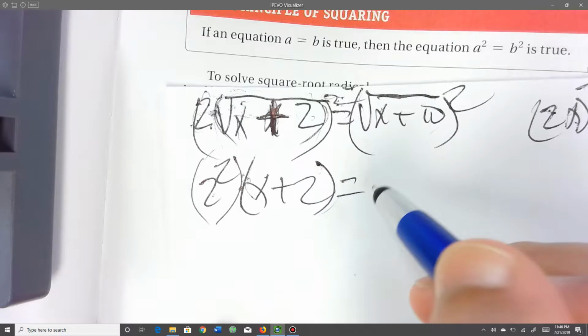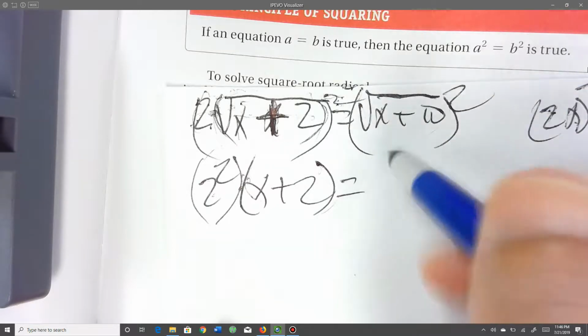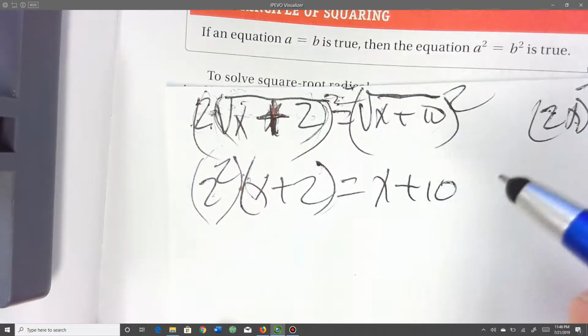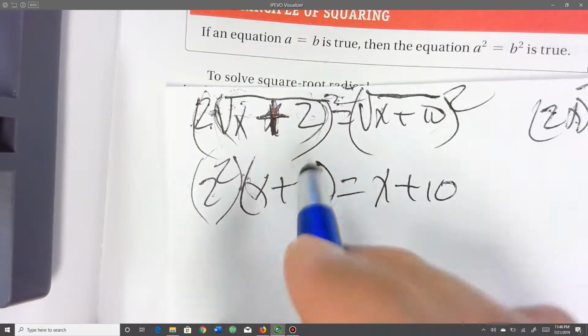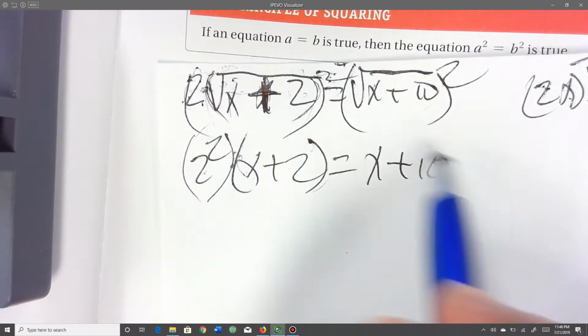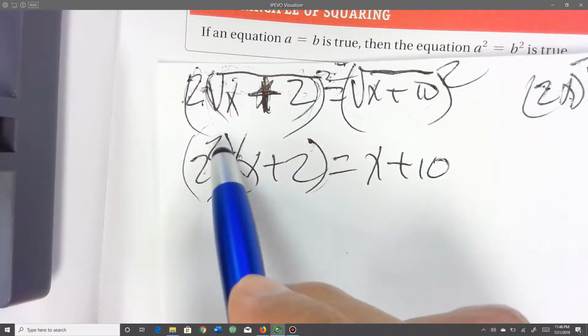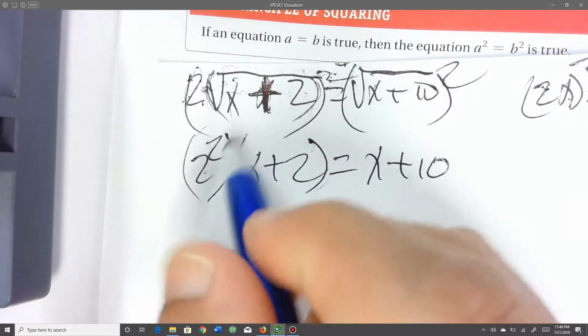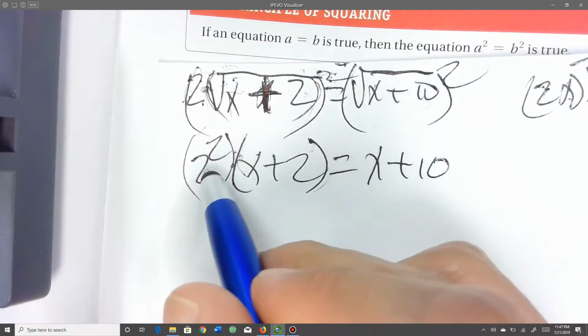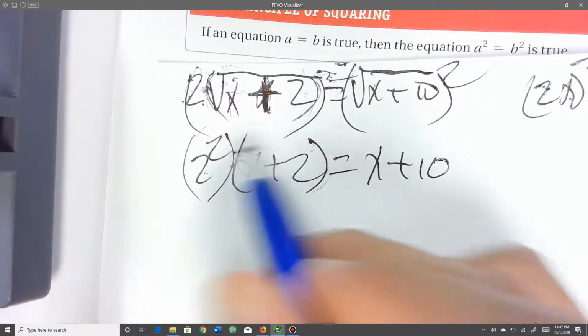I will work on this side. This side, the radical sign cancels out because of that power 2. So I'm just rewriting the radicand. Here we just follow the order of operations. 2 squared, that's 4. 4 times x, yeah, we need to distribute that 4 times x and 4 times 2.